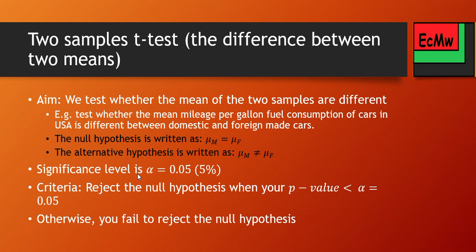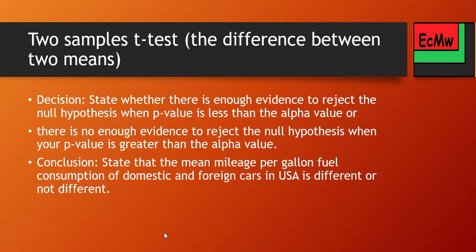So our criterion is to reject the null hypothesis when we find that our p-value is less than the alpha value of 0.05. Otherwise, we fail to reject the null hypothesis. The decision will state whether there is enough evidence to reject the null hypothesis or not enough evidence.